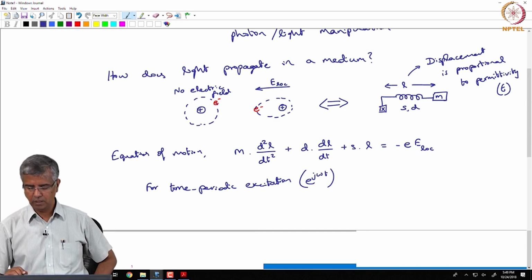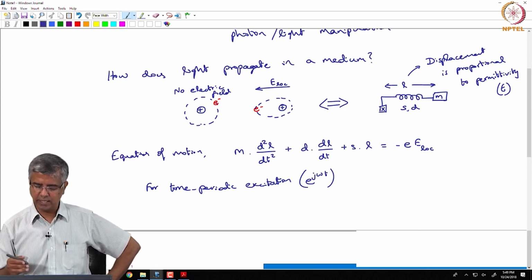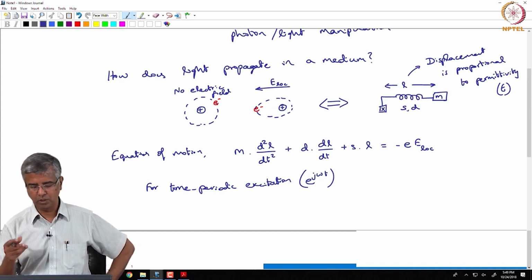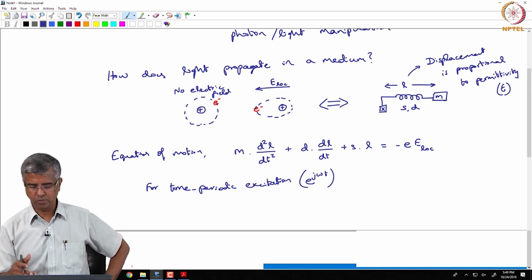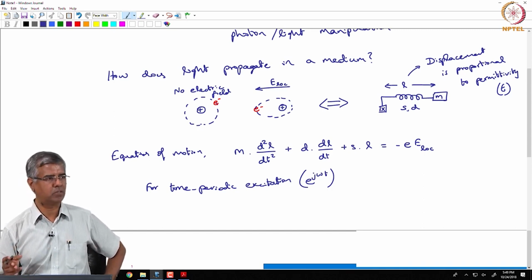So, for time periodic excitation, of course it's a wave that we are talking about, but it also helps me get rid of all those differentials. So, d square over dt square I replace by minus omega square, and d over dt I replace by j omega, right.